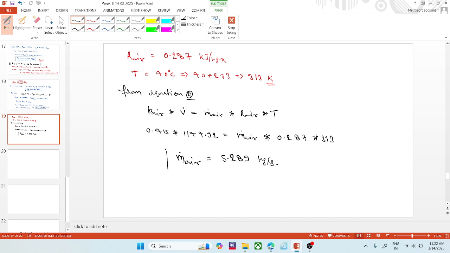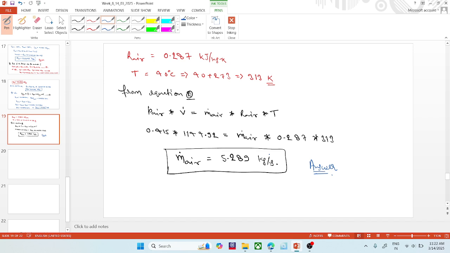So this is the air flow rate into the condenser. This would be the answer of our part number 2.